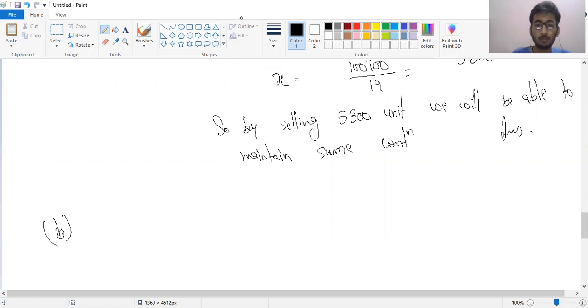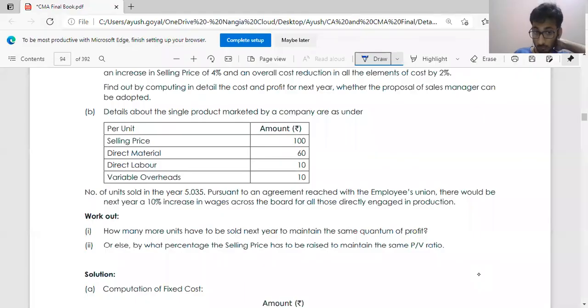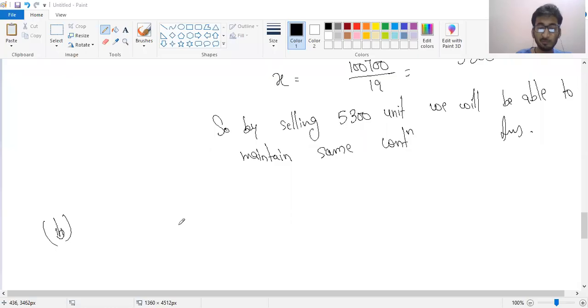Now come to the B part of the second question. What is the B part? By what percentage, rather than changing the sale volume, if we change the sale price to maintain the same PV ratio. So the second portion: current PV ratio.